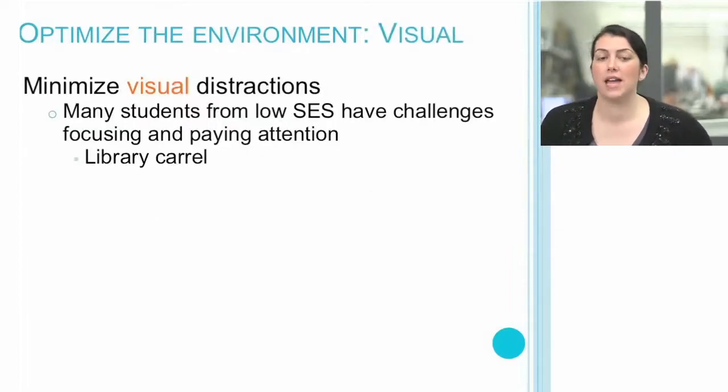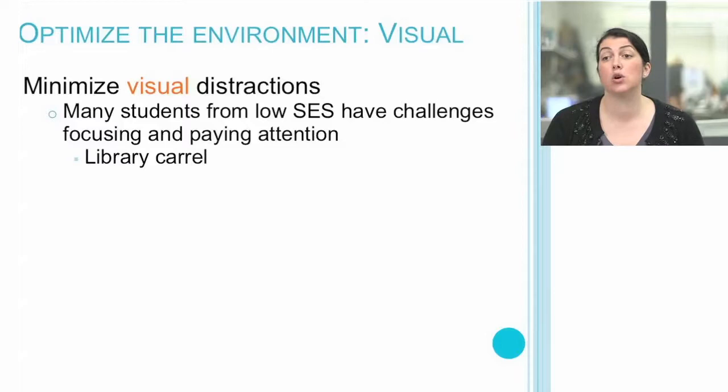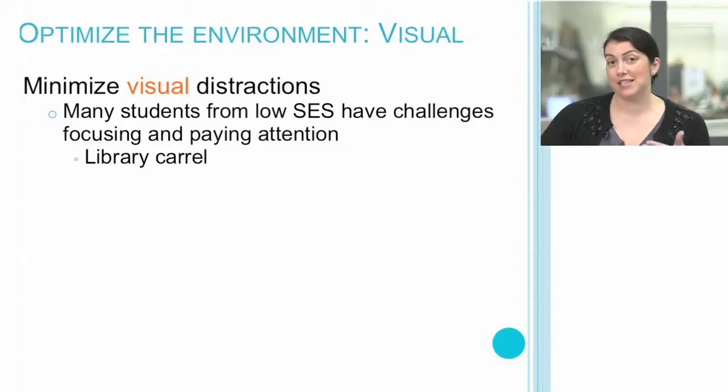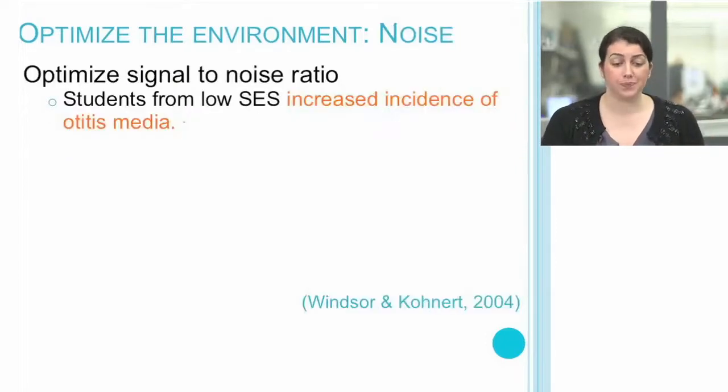The first way to optimize the learning environment is to minimize the visual distractions. So many students from low SES communities have attention needs. And so whenever possible, in my classroom, I would like to create situations to help them build that ability to attend over increasingly larger amounts of time, whether that was creating some sort of a library carrel with folders, or perhaps even creating separate areas in the room that had fewer distractions.